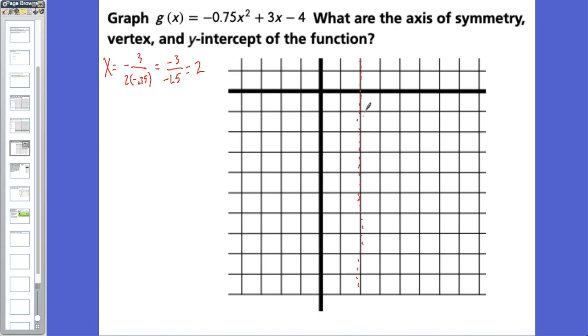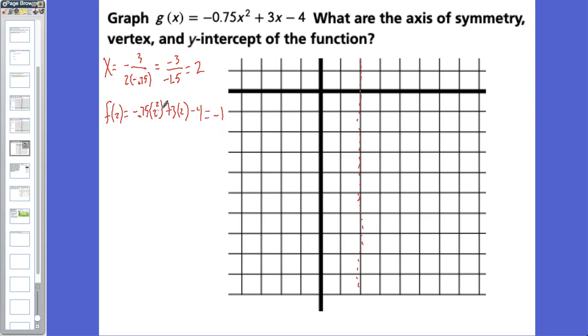And of course I have to find where on that line it's got to meet, so I'm going to put 2 in for x. F of 2 is negative 0.75 times 2 squared plus 3 times 2 minus 4. 2 squared is 4, and 3/4 of 4 would be 3, so that's going to be negative 3 plus 6 would be 3, and then minus 4 would be negative 1.